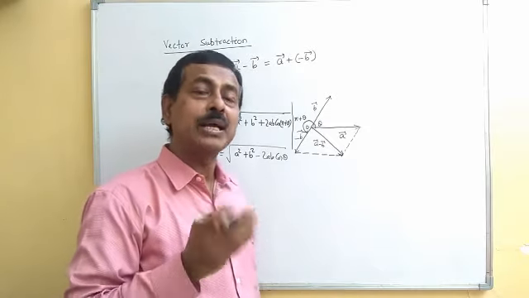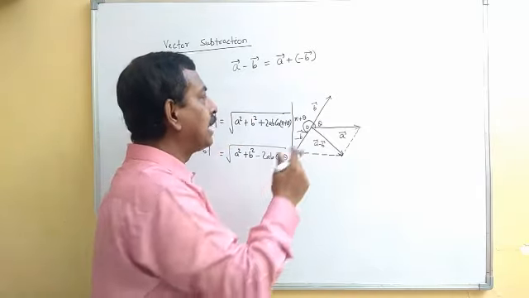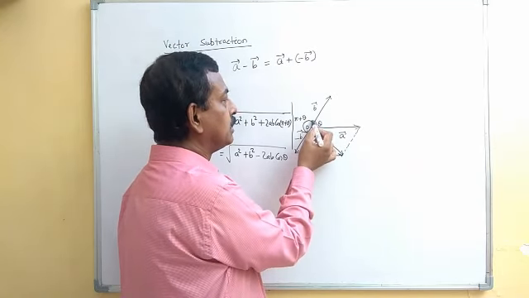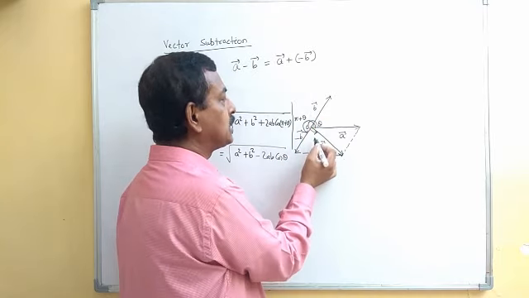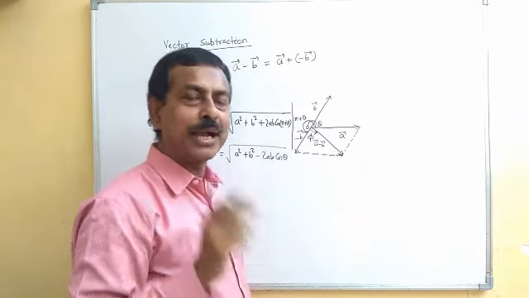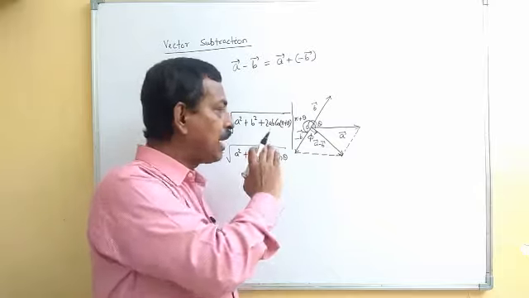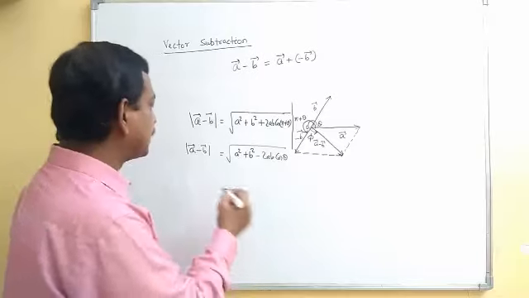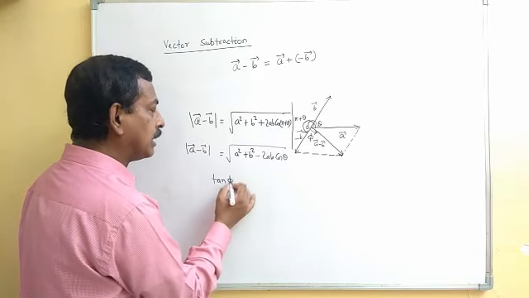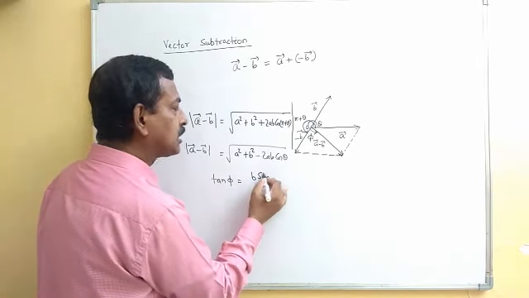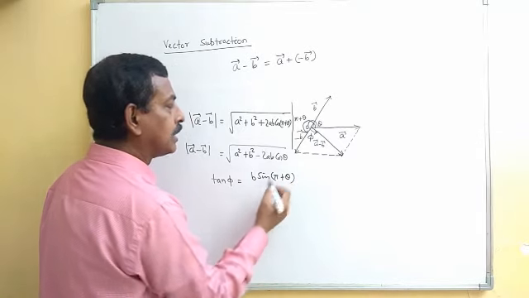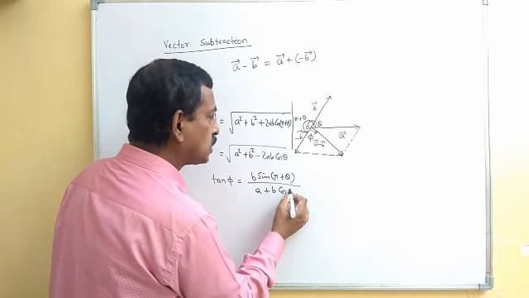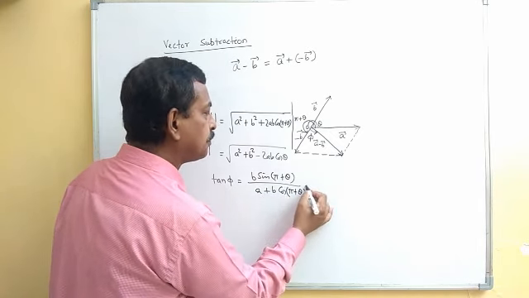If you want to find out at what angle it is inclined, again consider this is the vector A and this is the resultant, that is A minus B, and assume this angle is phi, the angle made by the A minus B vector with the vector A. For that we can write tan phi equals B sine of the angle 180 plus theta, divided by A plus B cos 180 plus theta.